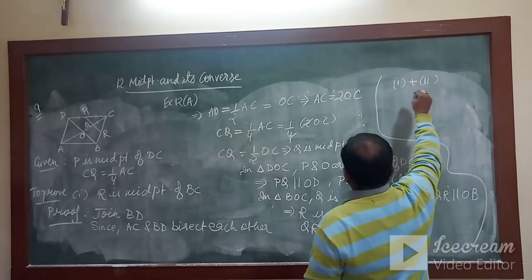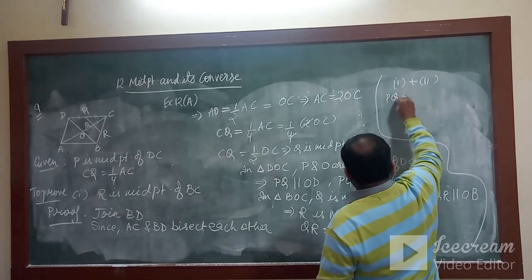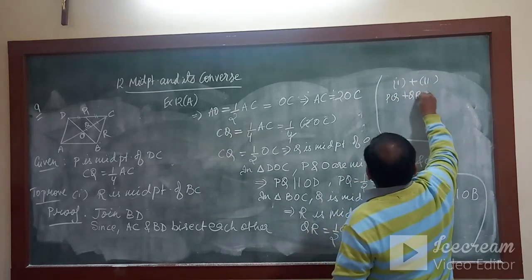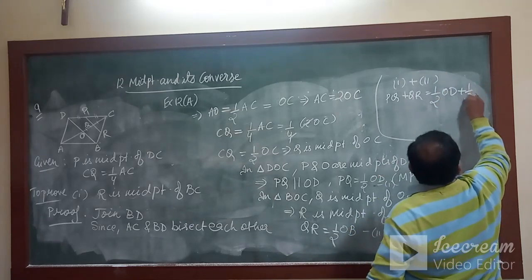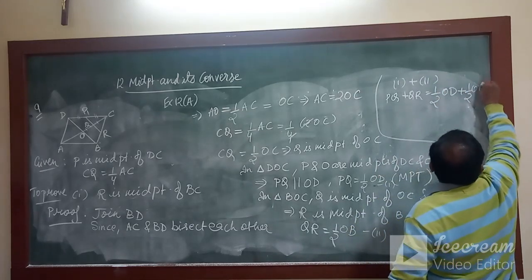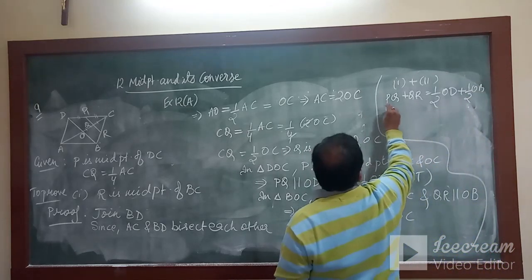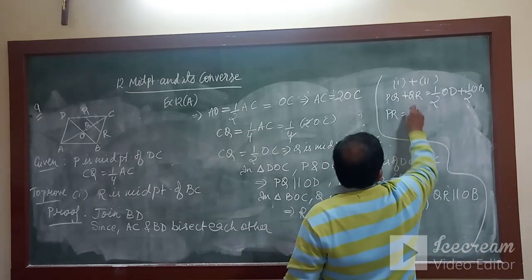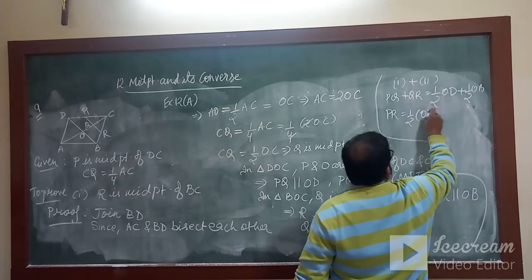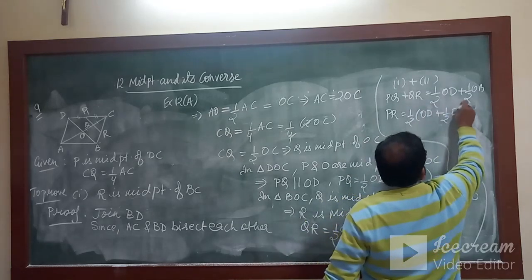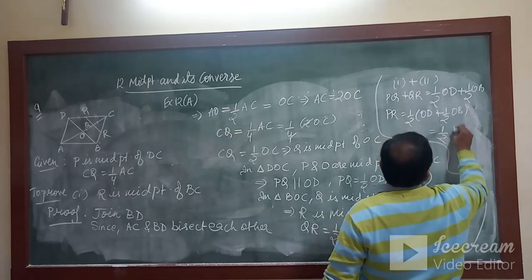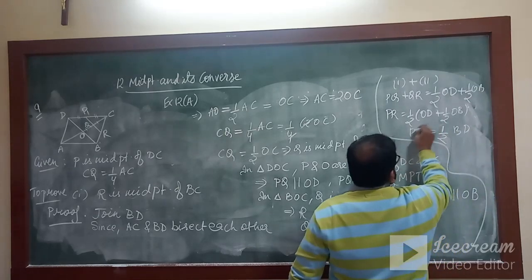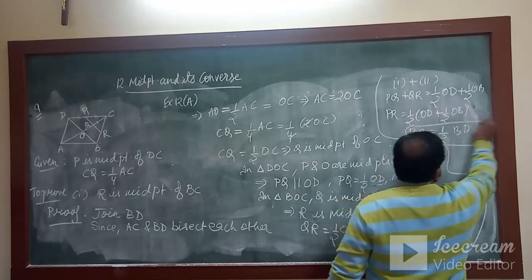So that is PQ plus QR equal to half of OD plus half of OB. So what is PQ plus QR? It is PR. Half of OD plus half of OB, that is half of BD. Okay, so this is our second proof.